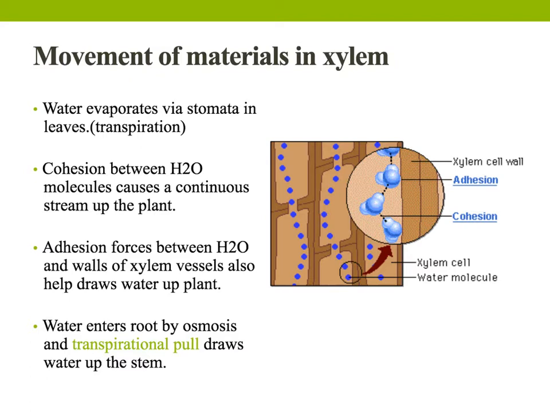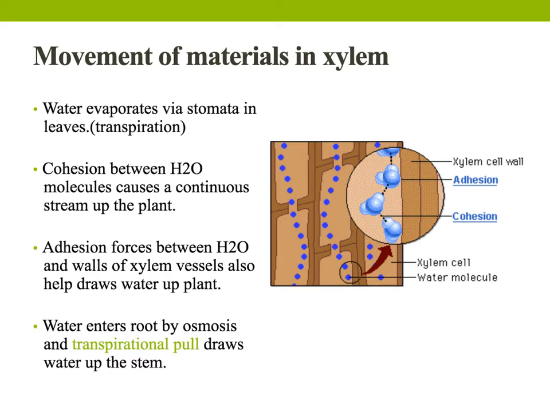And as that water evaporates, it basically sucks water up through the xylem vessels like a straw. And this is because water has particular properties of cohesion. So water molecules like to stick together. That's what cohesion refers to. And adhesion is about how water likes to stick to walls of vessels.